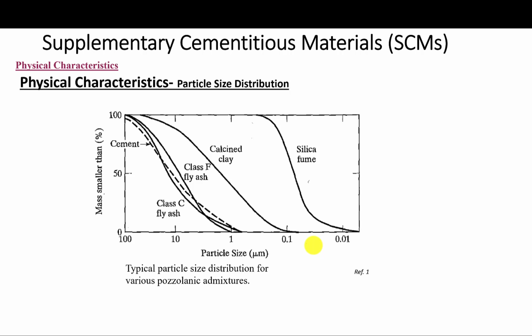For example, let's look at the silica fume. The extremely fine nature of the silica fume is very evident, and this is the reason for its high activity, as we mentioned. However, such a fine material is very difficult to handle.